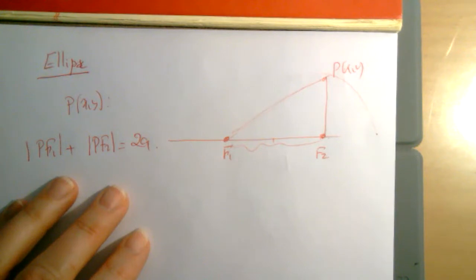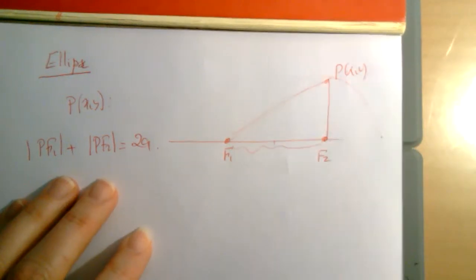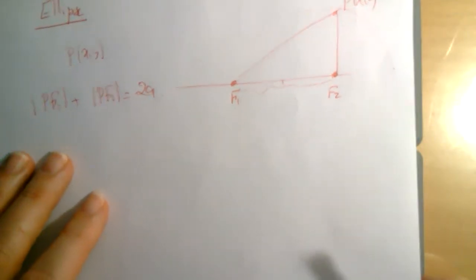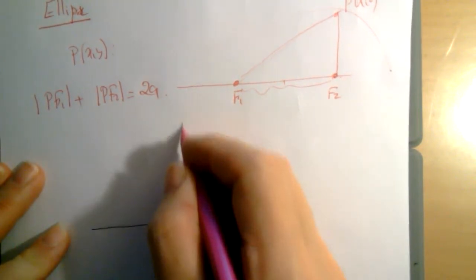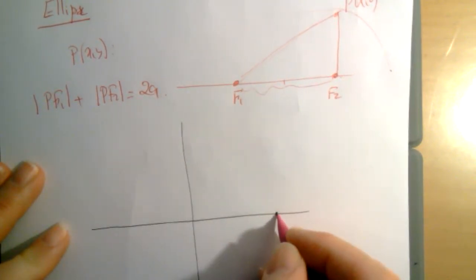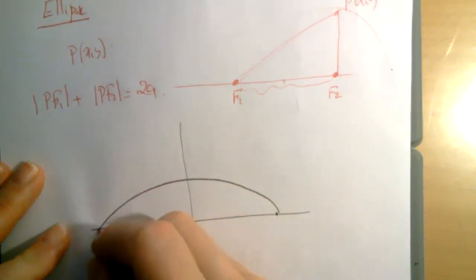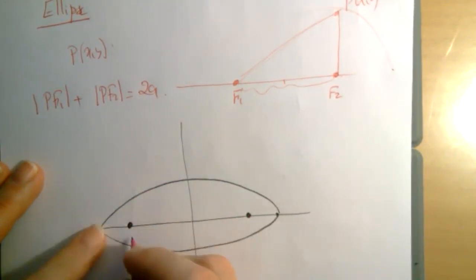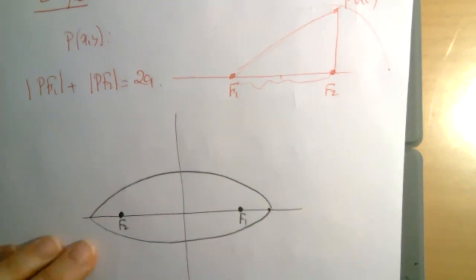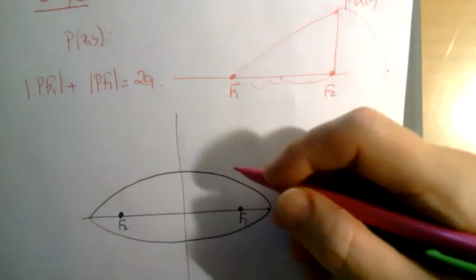And the foci of the ellipse also have a very nice reflecting property. What do I mean by that? Suppose you have an ellipse, that's my ellipse, and the foci are right there. That's why they play an important role. What's the reflection property of the foci? The book explained it as well.